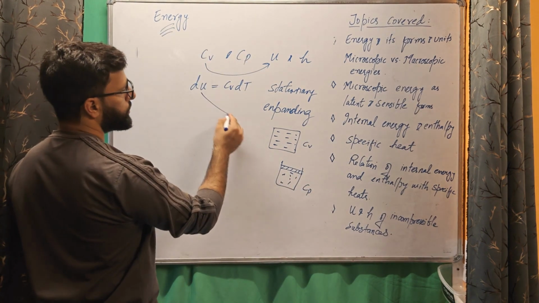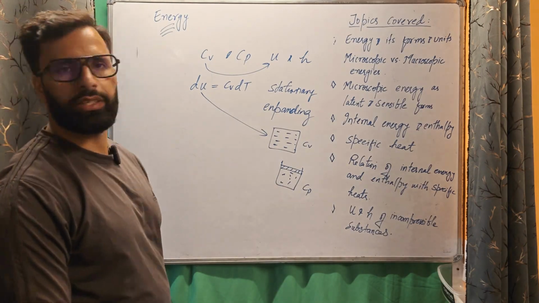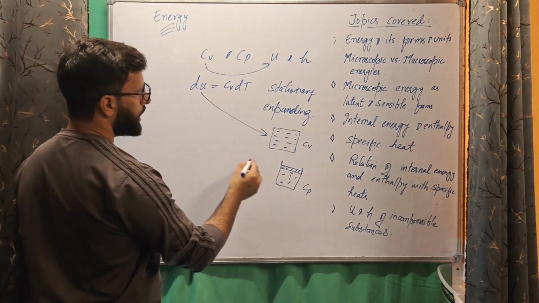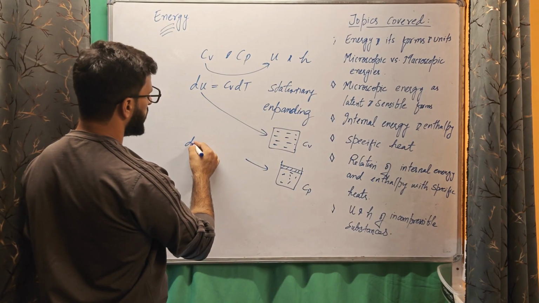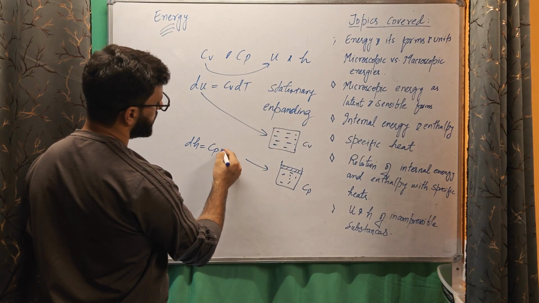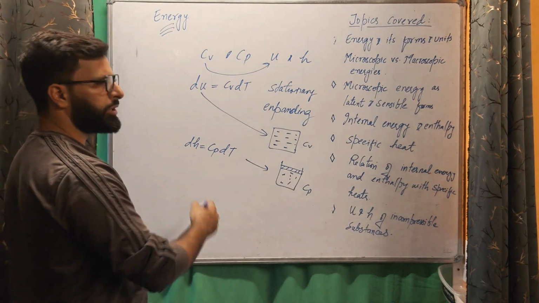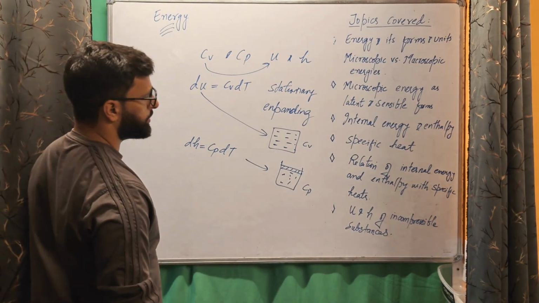Here this is for the stationary systems, and the change in internal energy is CV dT, and for these kinds of systems we have dH equal to CP dT. Change in enthalpy is CP times the differential change in temperature.